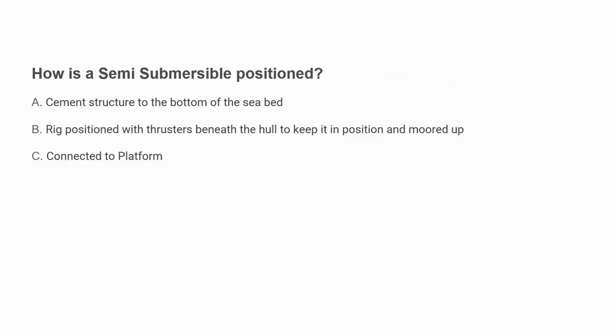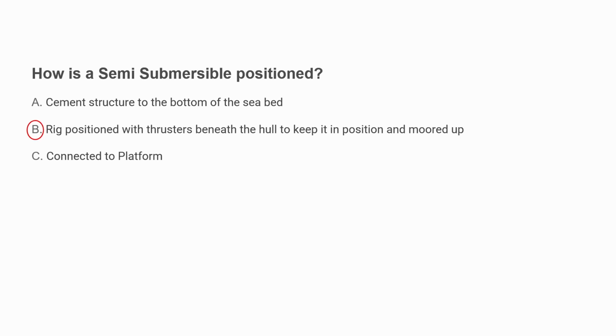This quiz asks how a semi-submersible is positioned. A. A cement structure to the bottom of the seabed. B. Rig positioned with thrusters beneath the hull to keep it in position and moored up. C. Connected to platform. What is the best answer?